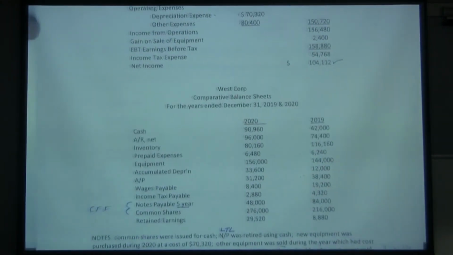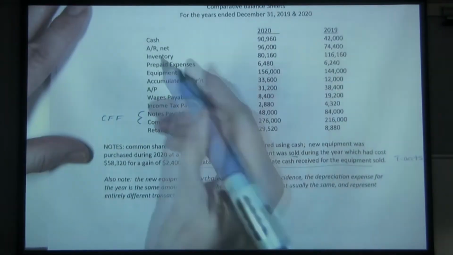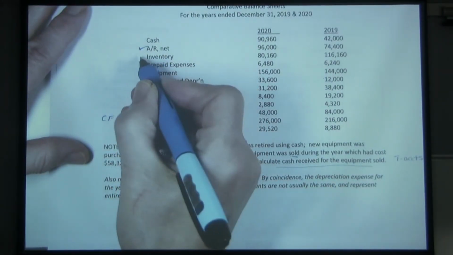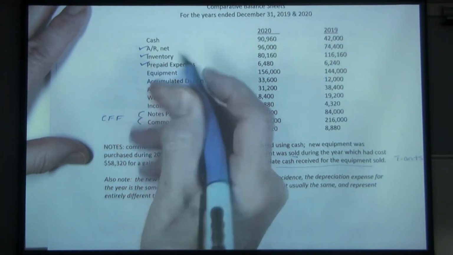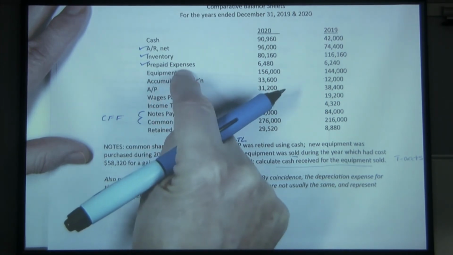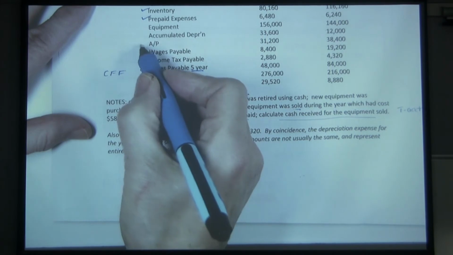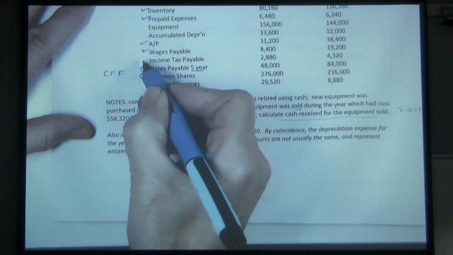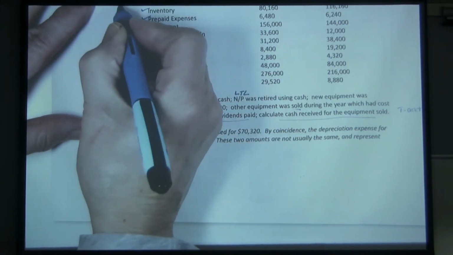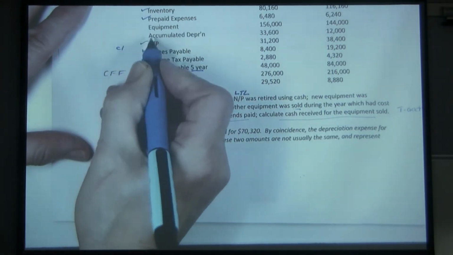Okay, then we're going to look at our working capital. For working capital, we have accounts receivable, inventory, prepaid expenses as current assets. We also have current liabilities: accounts payable, wages payable, income tax payable. So those are the current assets, and these are the current liabilities.